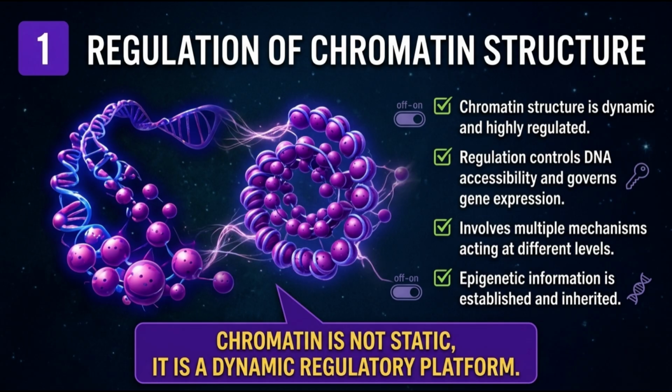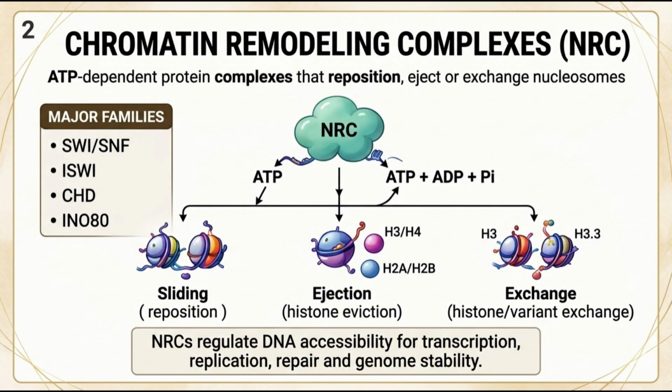Chromatin remodeling complexes. One major mechanism of chromatin regulation involves ATP-dependent chromatin remodeling complexes. These are large protein complexes that utilize ATP hydrolysis to reposition, eject or exchange nucleosomes. The major remodeling families include SWI-SNF, ISWI, CHD and INO80 complexes.